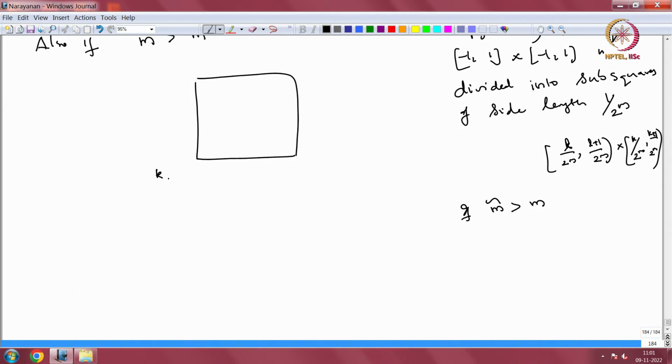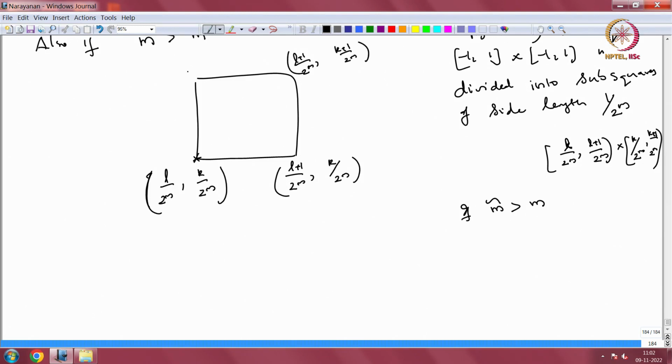L by 2 to the m, k by 2 to the m is the left bottom corner, then L plus 1 by 2 to the m, k by 2 to the m, then L plus 1 by 2 to the m, k plus 1 by 2 to the m, and then L by 2 to the m, k plus 1 by 2 to the m.